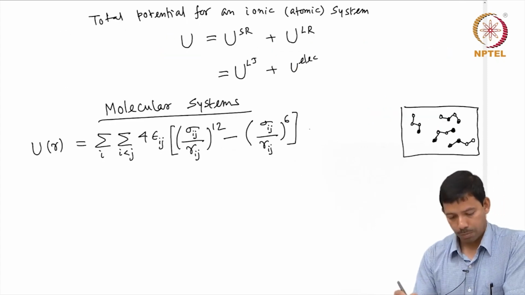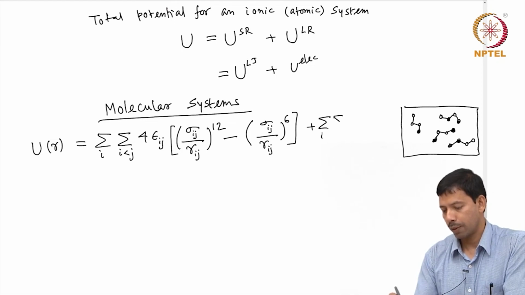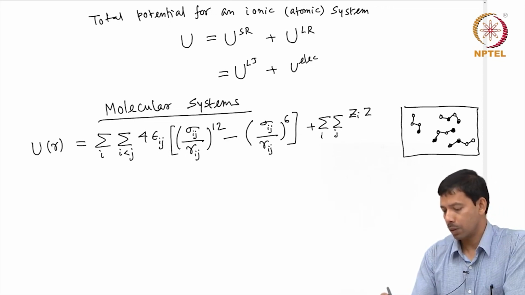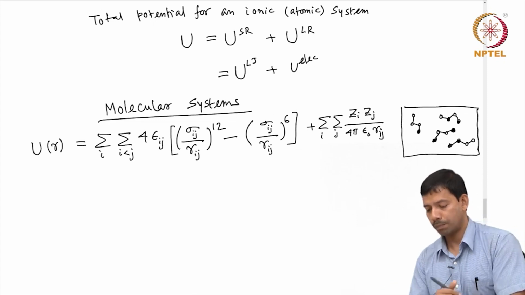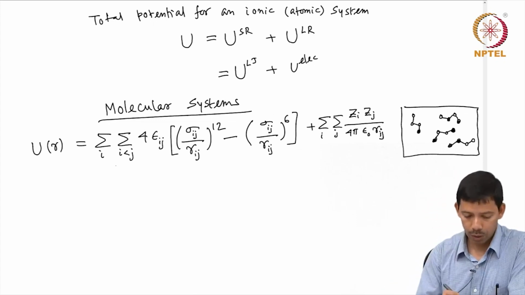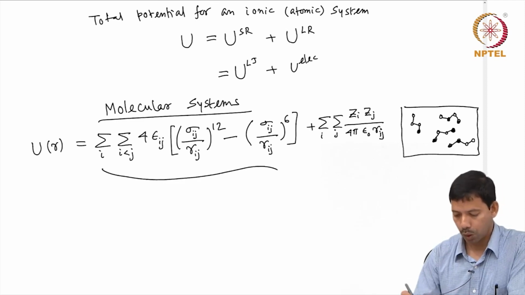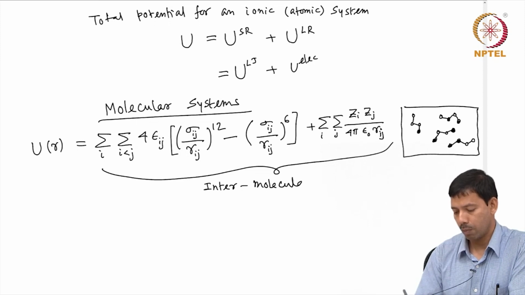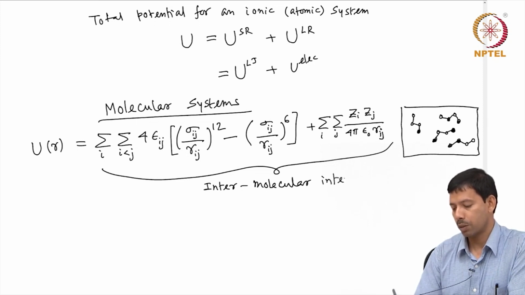So, therefore, this plus you also have sum over i, sum over j, zi zj by 4 pi epsilon 0 rij. So, these two are intermolecular interactions.